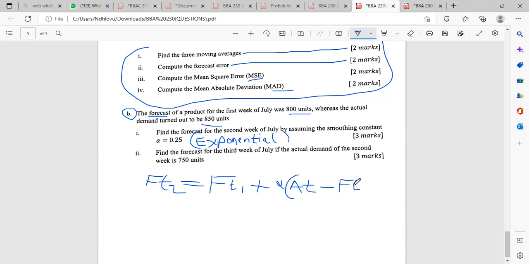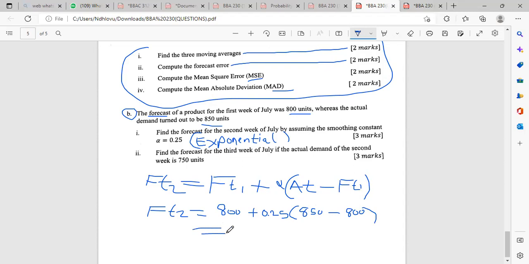So you just need to substitute here to find the forecast for the second week. So forecast for week 2 is equal to the forecast for week 1, which is 800, plus the alpha level, which is 0.25, times the observed value for that week, which was 850, minus the forecasted value, 800.